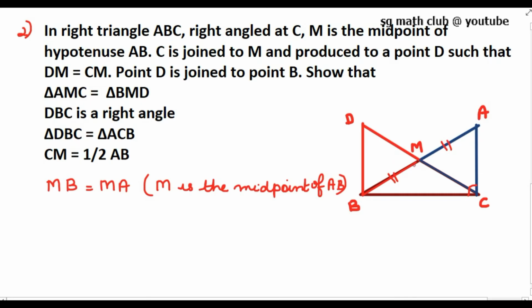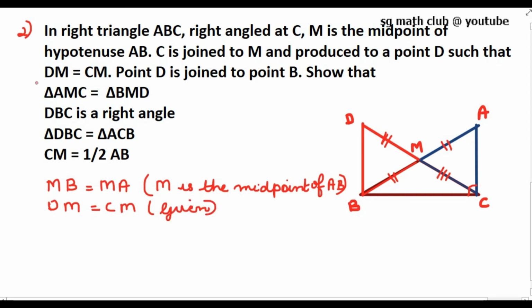C is joined to M and produced to D such that DM equal to CM. That is also given in the question.